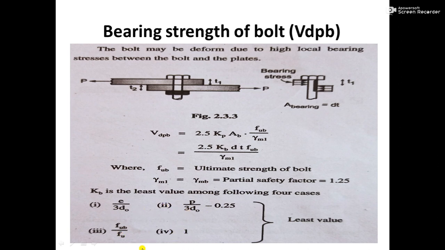These four values are calculated, and among these, whichever is minimum is taken as Kb, the bolt constant, and this value is put here. We know the diameter of bolt, t is the thickness of plate, Fub is ultimate stress in bolt, gamma m1 is the partial factor of safety taken as 1.25, and from that we can calculate the bearing strength of bolt, that is the design strength of bolt.